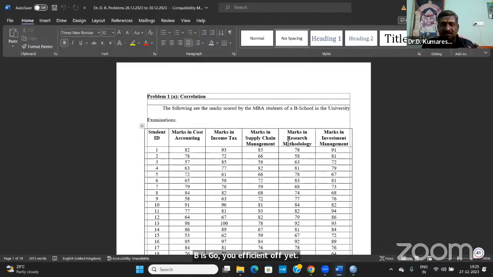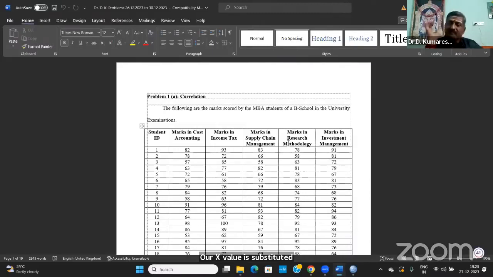So here we are computing the coefficient of regression. Earlier we computed the coefficient of correlation. Now we are computing the coefficient of regression. That coefficient is multiplied with the X value, or the X value is substituted.